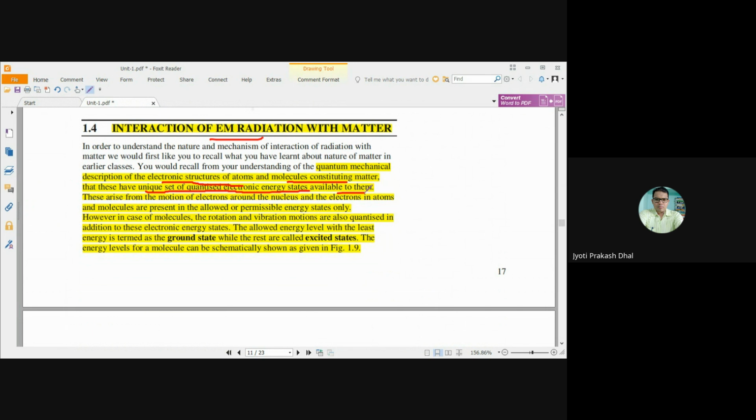That means bonding and antibonding molecular energy levels are there. All these energy levels are quantized. These arise from the motion of electrons around the nucleus, and the electrons in an atom and molecules are present in the allowed or permissible energy states only. However, in case of molecules, the rotational and vibrational motions are also quantized.